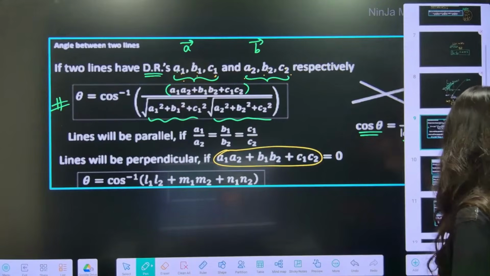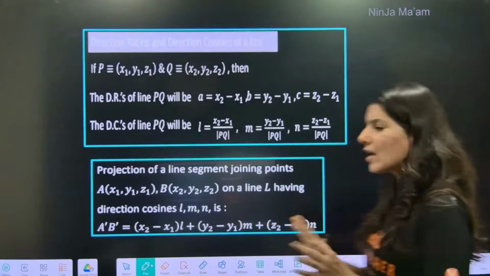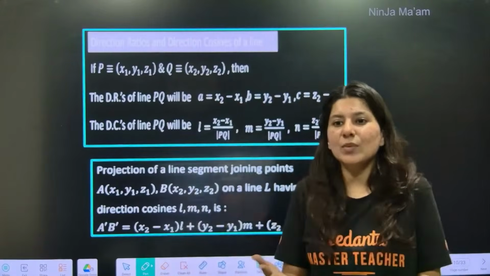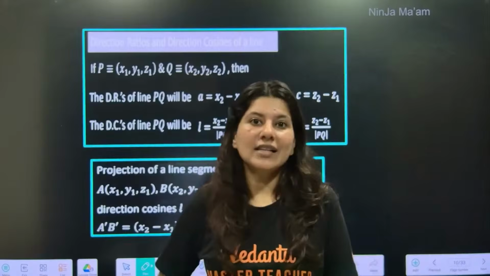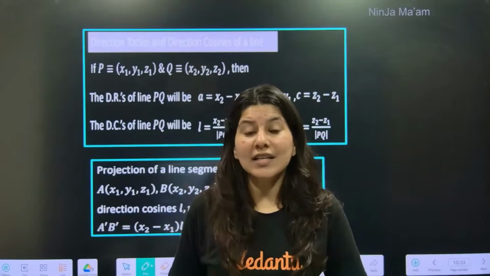Now let's talk more about direction ratio and direction cosine in different situations. Sometimes they will give you 2 points on the line and ask you to find the direction ratio.